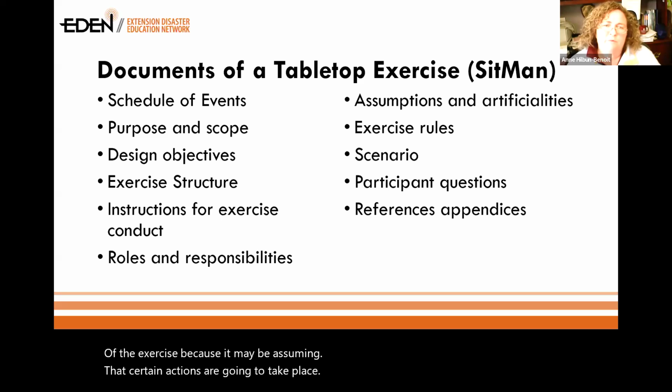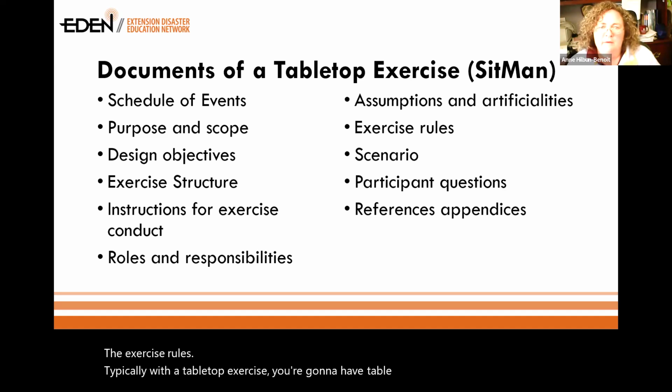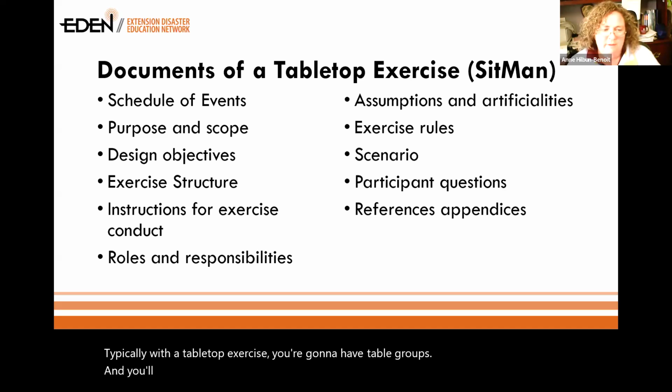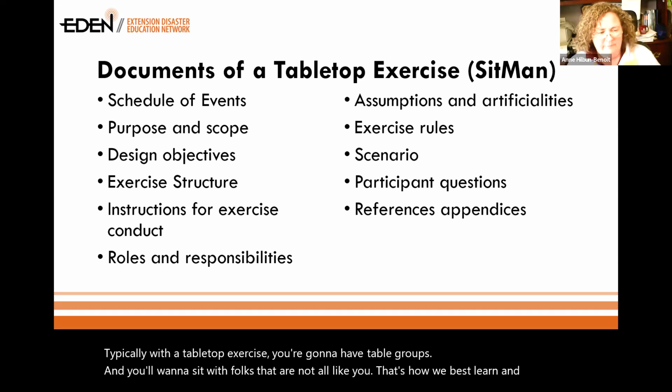The exercise rules: typically with a tabletop exercise, you're going to have table groups. And you'll want to sit with folks that are not all like you. That's how we best learn and get more knowledge.